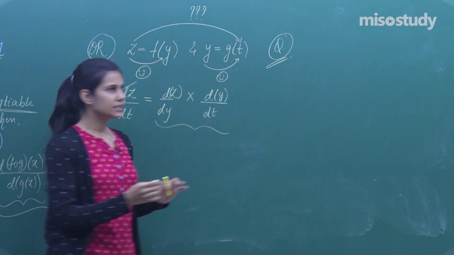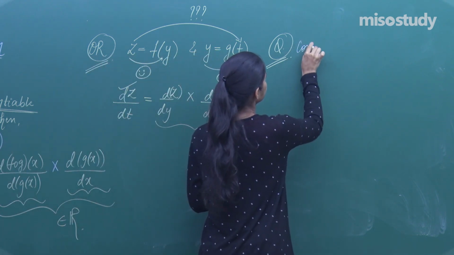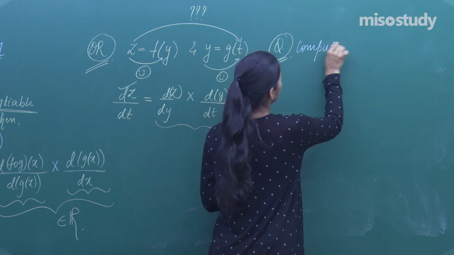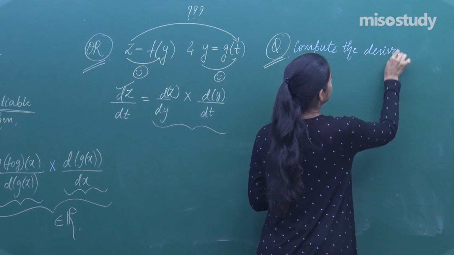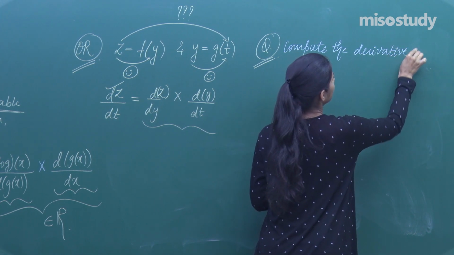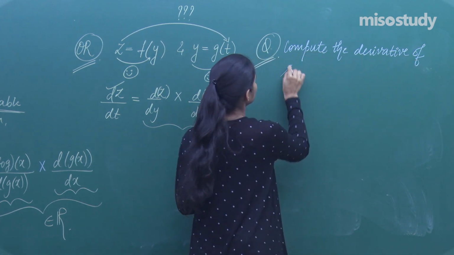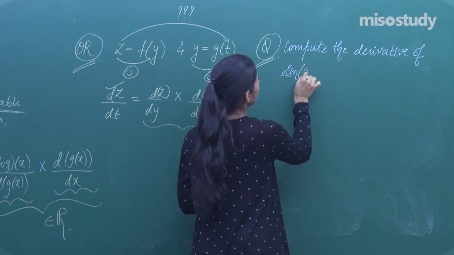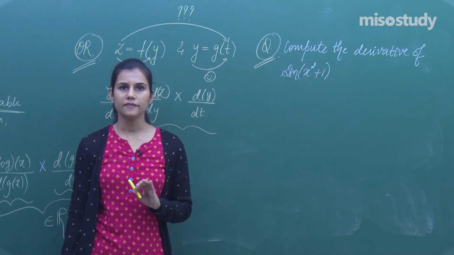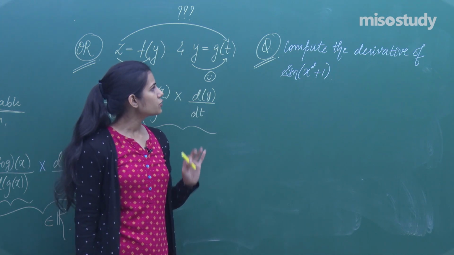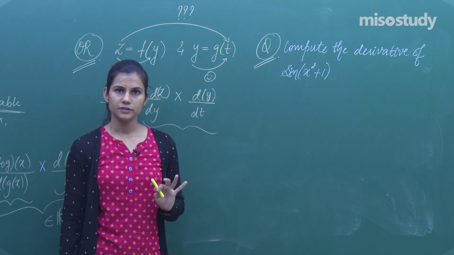It says compute the derivative of sine of x square plus 1. That's the function given to me, and I am being asked to compute its derivative.